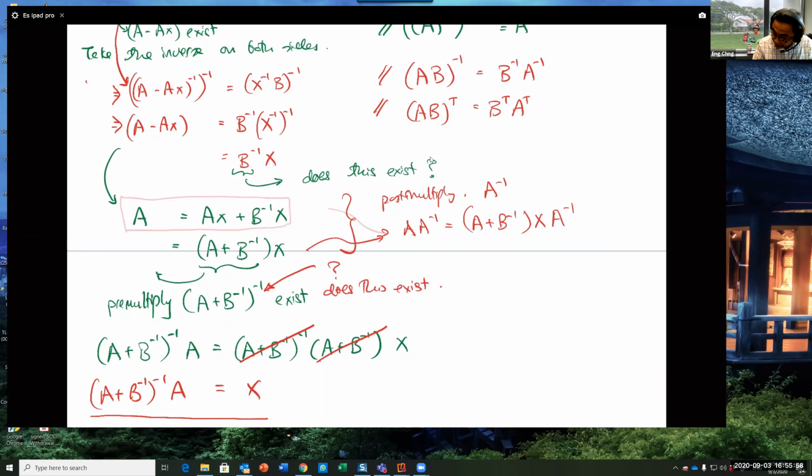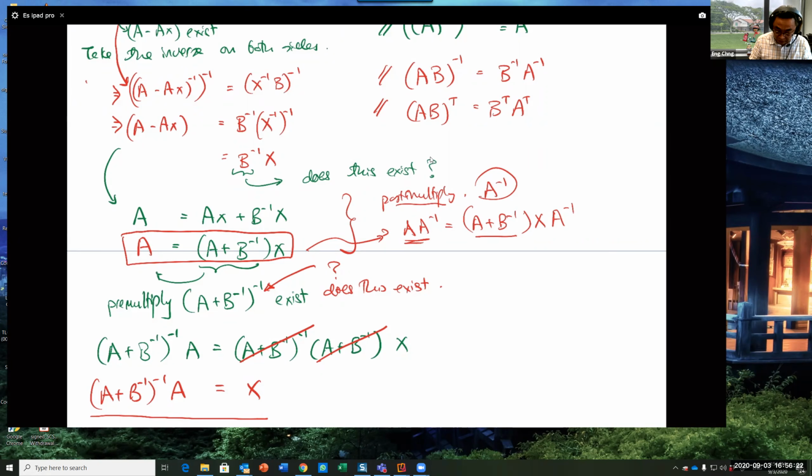Okay, I'm using a wrong equation. Let me draw the correct equation for you. I'm using this equation here. I am post multiplying by A minus 1. So A times A minus 1 on the left-hand side, and the original guy, A plus B minus 1 times X times A minus 1.